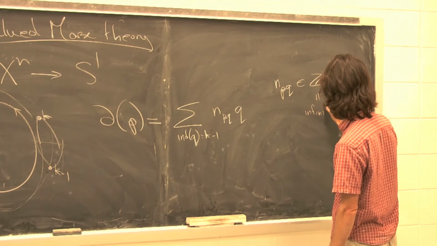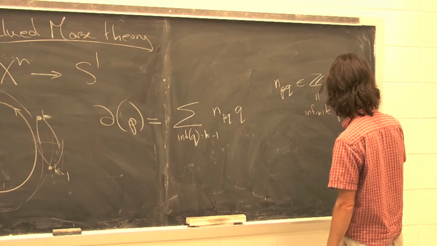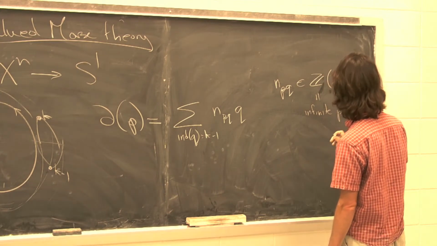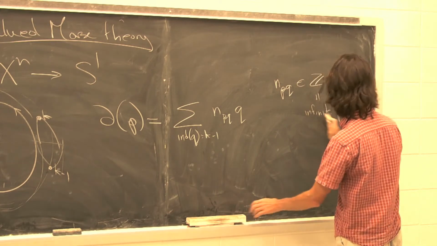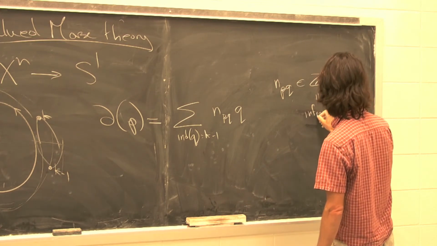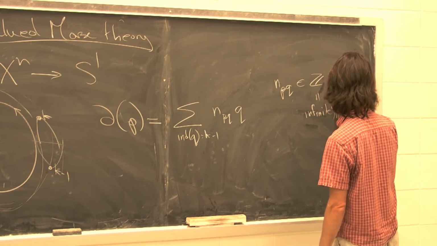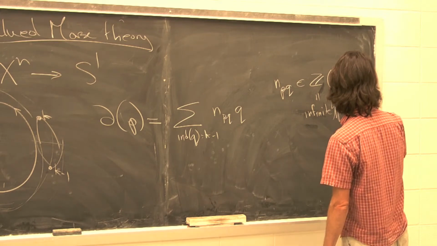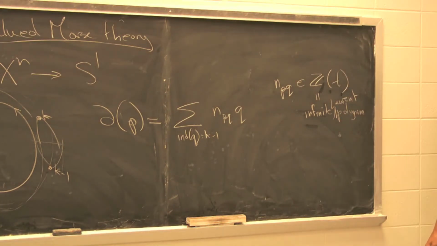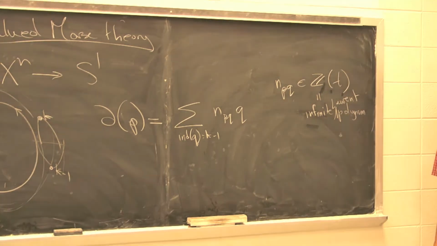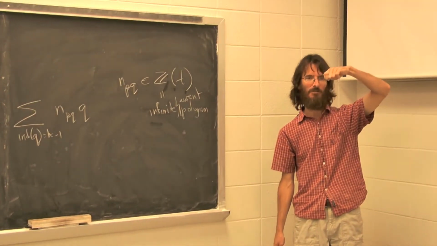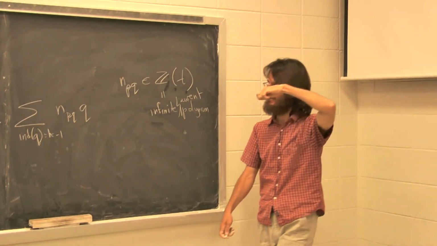What I really want is an infinite Laurent polynomial. Laurent means arbitrary negative exponents as well, but it has a maximal positive degree, though it doesn't necessarily have a negative degree.